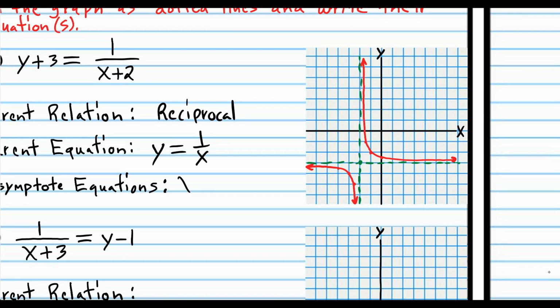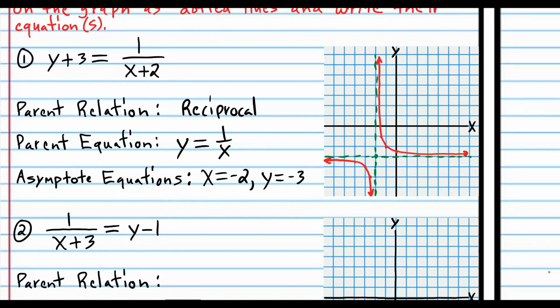So we write the equation as x is equal to -2. And all the y values of the points on this horizontal asymptote are -3. So we write the equation as y is equal to -3. So those are the equations of the asymptotes. You're going to be expected to write the equations of those asymptotes.